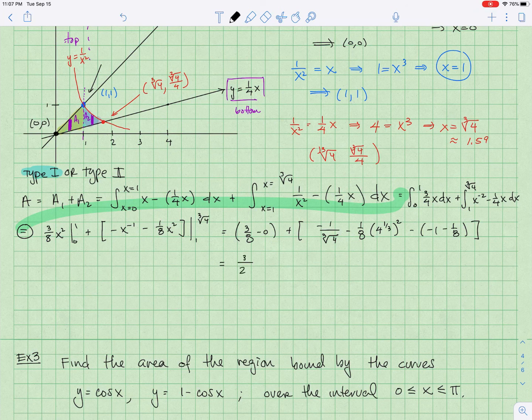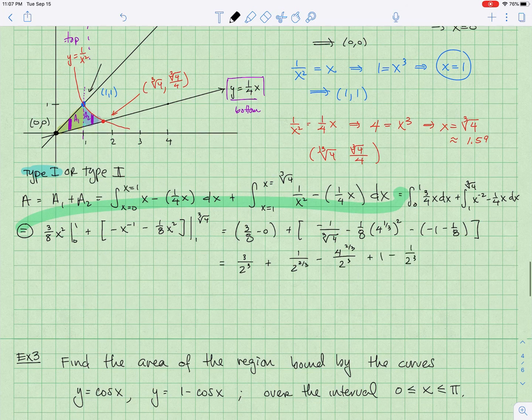This is 3 over 2 cubed plus 1 over the cube root of 2. 4 is 2 squared, so this is 2 to the 2/3 power minus, in the top that's 4 to the 2/3 over 8, which is 2 cubed, plus 1, minus 1 over 8, which is also 2 cubed.